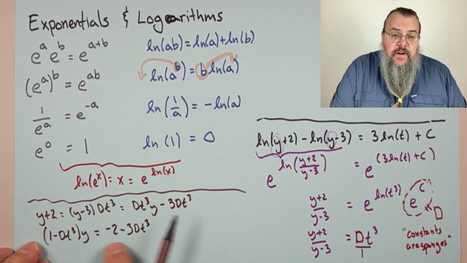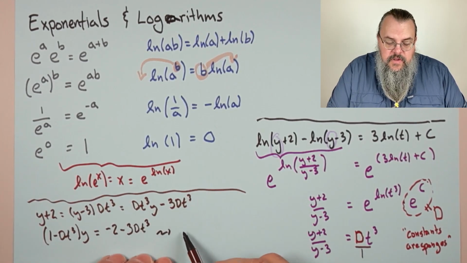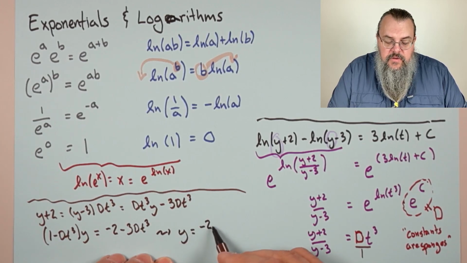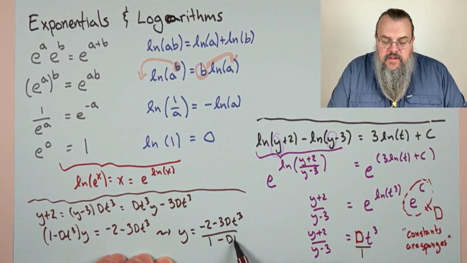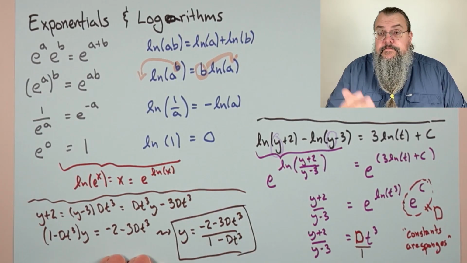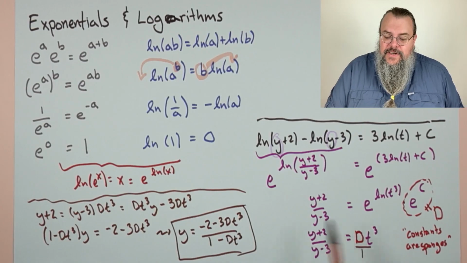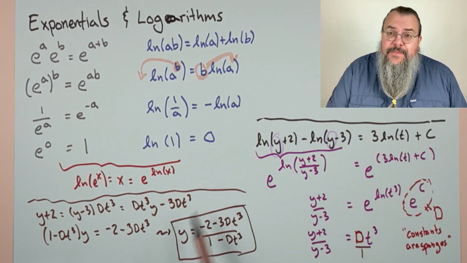And finally divide, and lo and behold, we see that y is going to be equal to minus 2 minus 3 times D times t cubed over 1 minus D times t cubed.